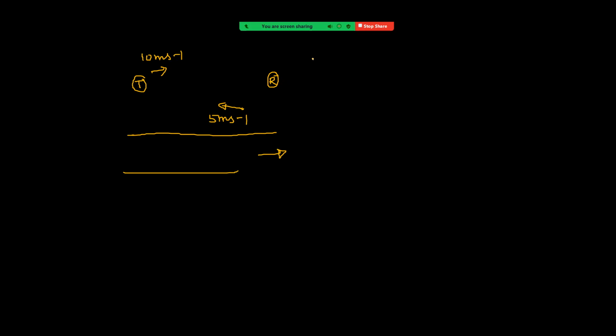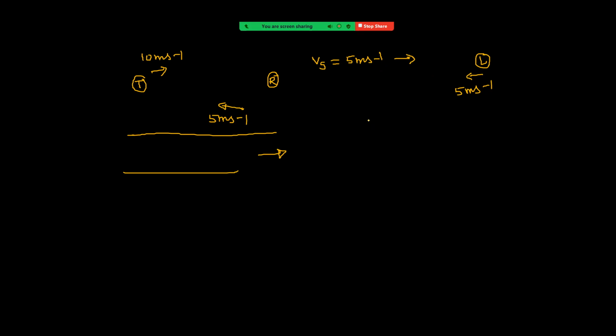I am writing here the velocity of the source with respect to the medium, which is now 5 meter per second, and the direction is right side. Next, the listener velocity is 5 meter per second, left side. That means they are moving towards each other with the same speeds with respect to the medium.